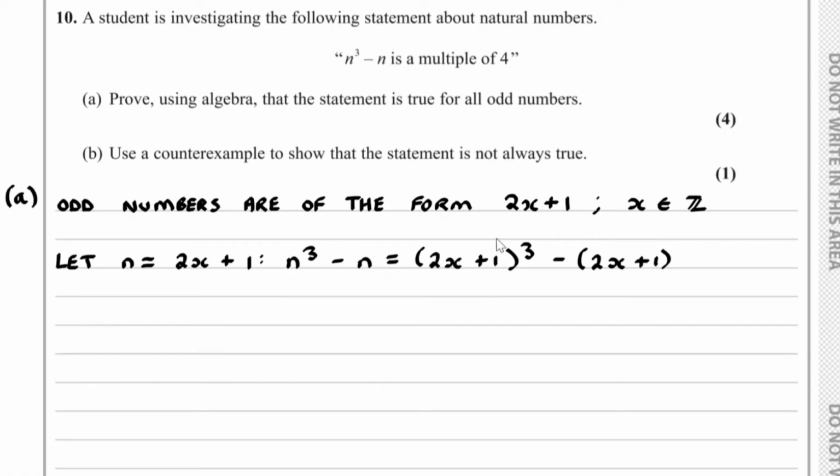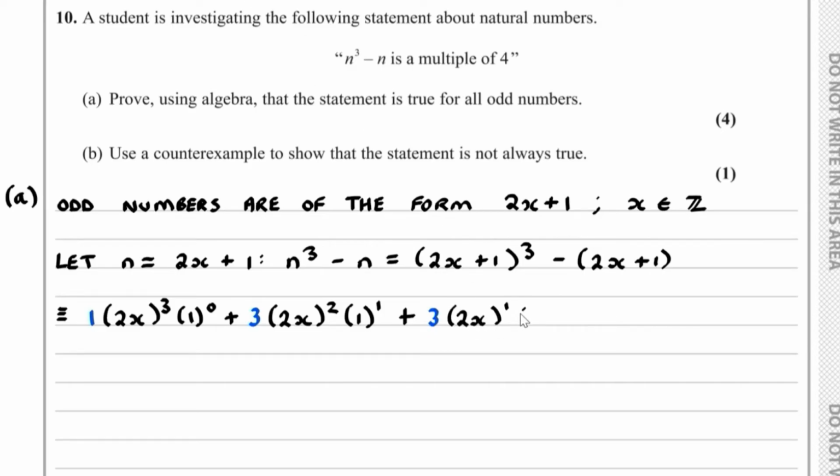So if we expand this out, well, here we need to use the binomial. So expanding, we've got 1 lot of 2x to the power of 3 multiplied by 1 to the 0, plus 3 lots of 2x squared lots of 1 to the 1, plus 3 lots of 2x to the 1 times 1 squared, plus 1 lot of 2x to the 0, 1 cubed, and then we subtract off 2x, and then we subtract the 1 as well.